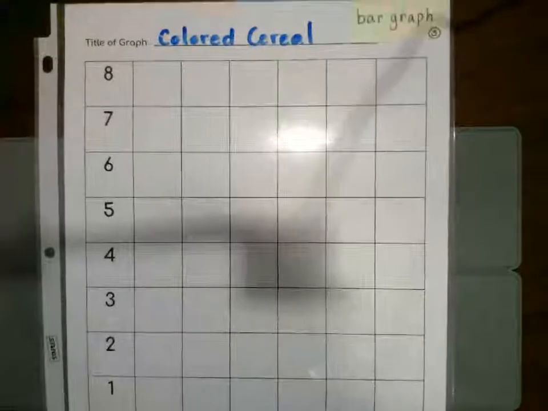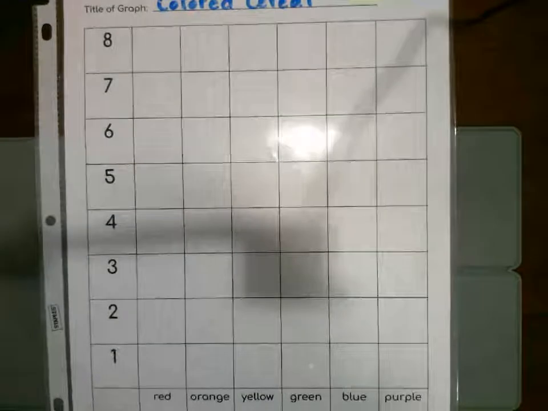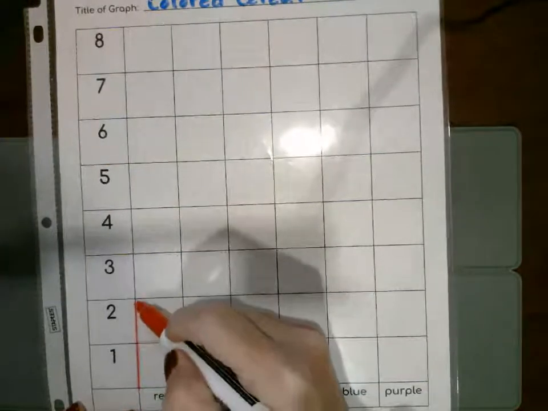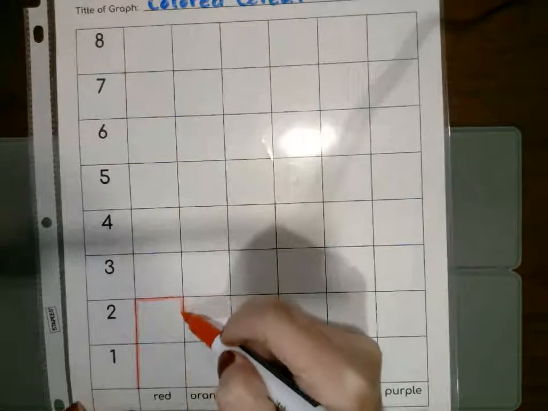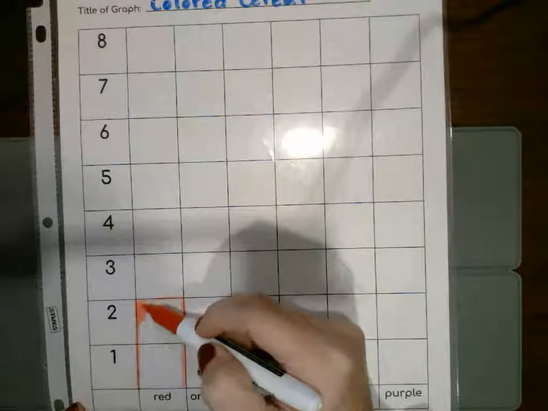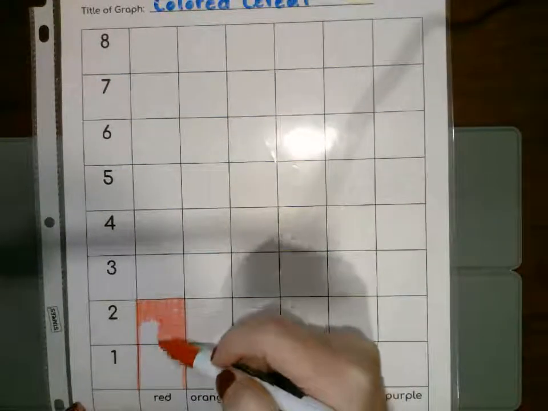Another type of graph that I can create with data is called a bar graph. Instead of using objects or pictures to represent the data, I use a bar. So if I have 2 red pieces of cereal, I would create a bar that's 2 high, and I would color it in.